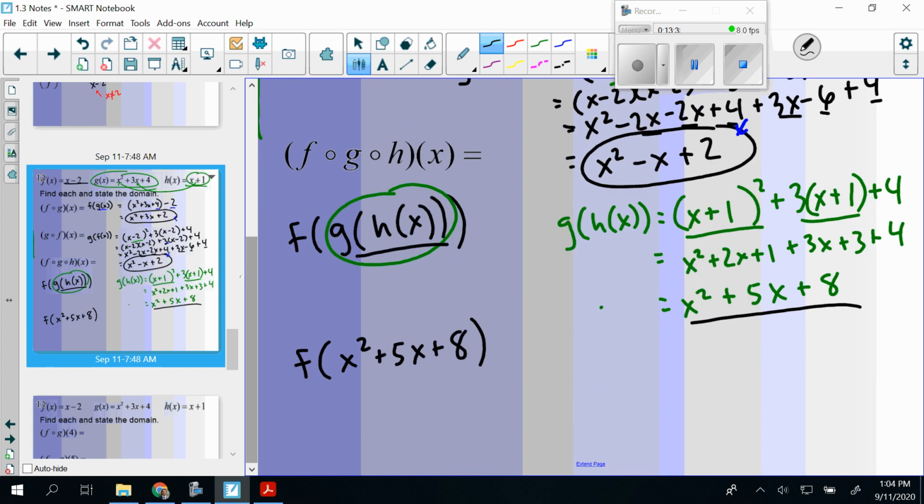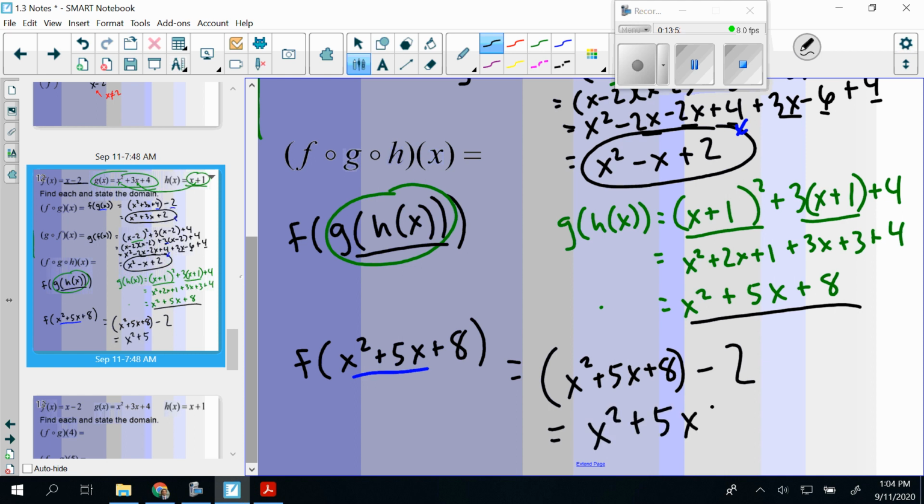So the something we're putting in is this, x squared plus 5x plus 8. And if we subtract 2 from that, the overall composition of this function ends up being right here. That's the composition of 3 functions.